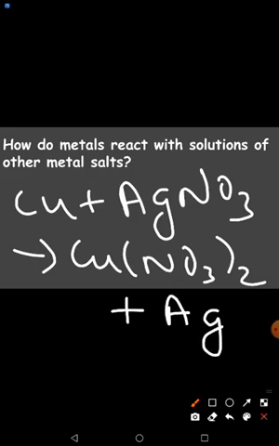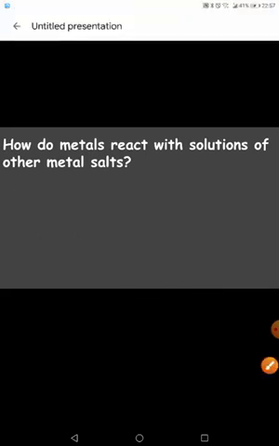If you balance, this will become 2Ag, and here also you will have 2Ag, right? Cu plus 2AgNO3 gives Cu(NO3)2 plus 2Ag. So when you talk about this reaction, silver is less reactive when compared to copper. Copper is placed above silver. Therefore silver is displaced from silver nitrate. Clear to you?